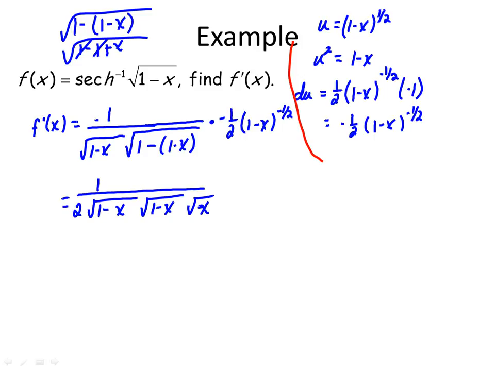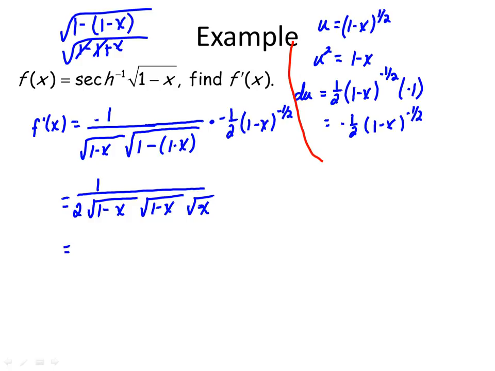Not cancel. No. Yep. Square root of 1 minus x times square root of 1 minus x is the square root of 1 minus x quantity squared. What happens when you square a square root? Cancels out.